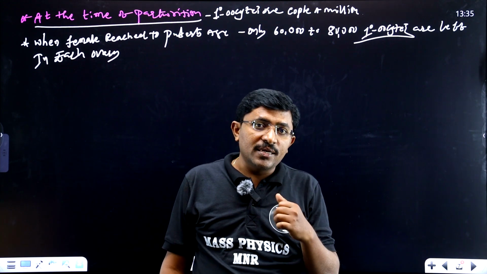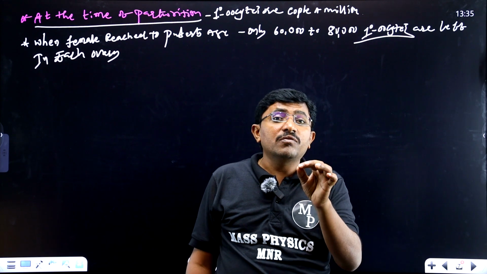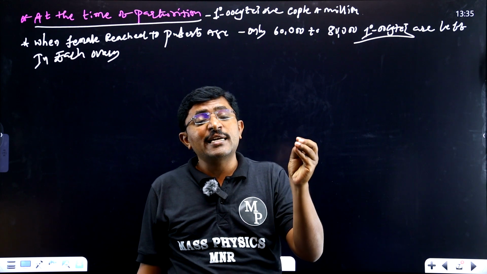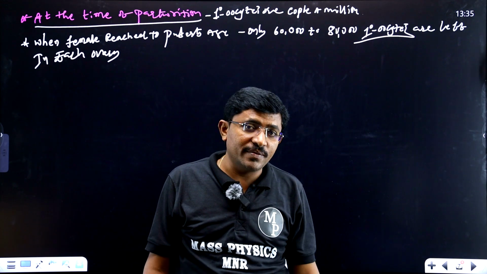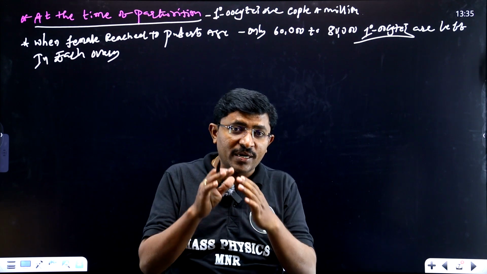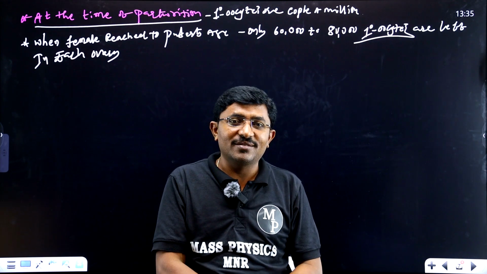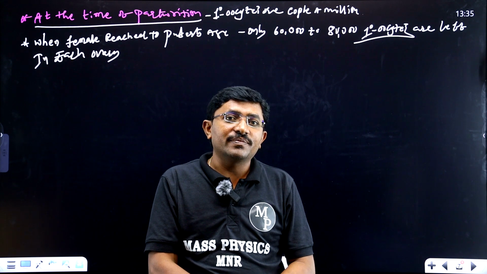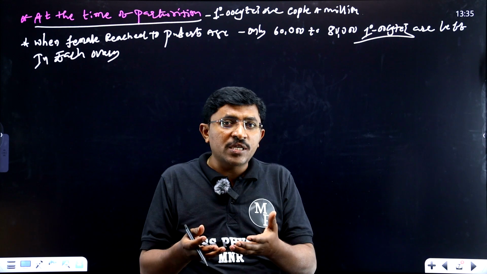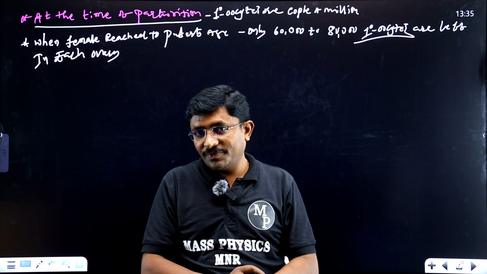I'll explain the reason. What is the reason for the cessation of the menstrual cycle at a particular age of the female? That reason is the absence of primary oocytes within the ovary.